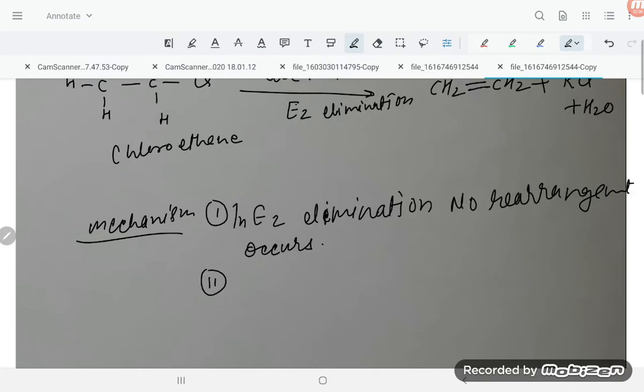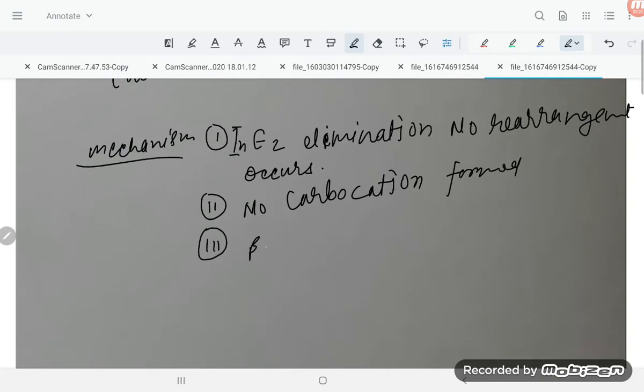Second point, since there is no rearrangement, no carbocation is formed. Third point, beta hydrogen is eliminated. Keep in mind which hydrogen is going to be eliminated: beta hydrogen. If there is no beta hydrogen, there will be no elimination.